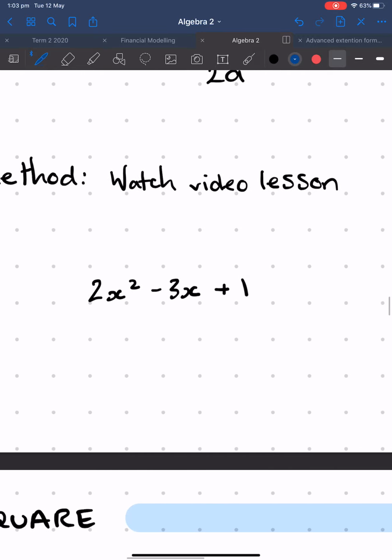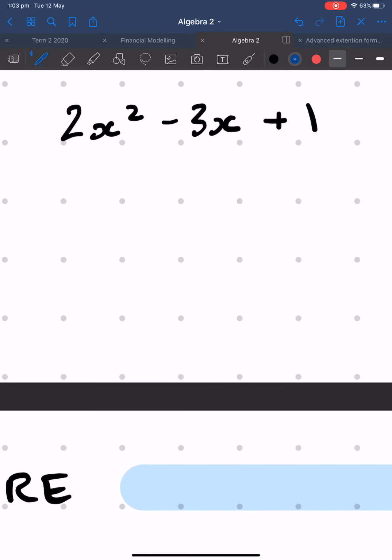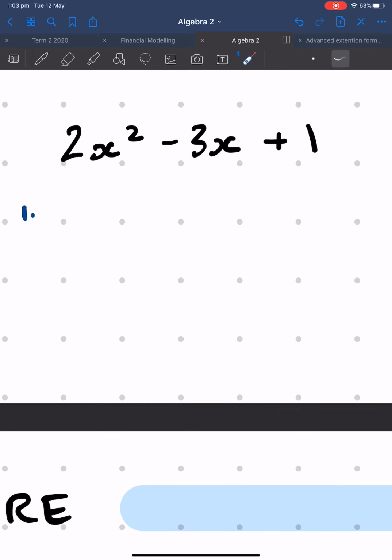I might do one more for you using that slip and slide method, because if you can grasp it, wicked. So the first thing you do, we get rid of the a. I'll give this like an A, B, C if that helps you. So we're going to get rid of the a by timesing it to the c. So we're going to get x squared minus 3x plus 2.